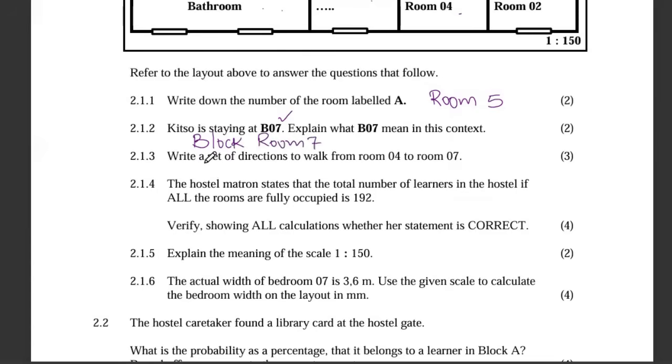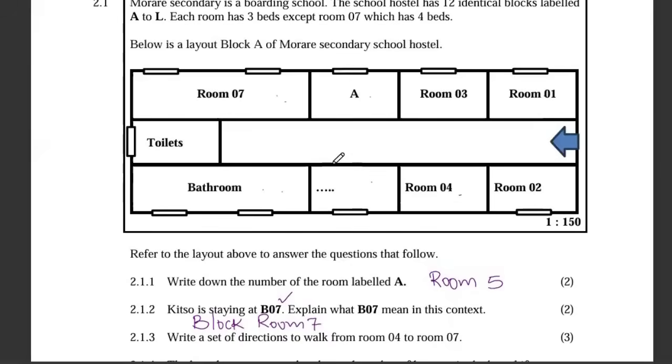Room 7. Write a set of directions to walk from room 4 to room 7. A set of directions. Now, while you're out of this, turn what?